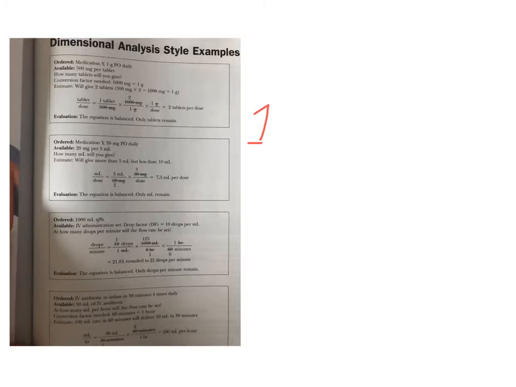So we take what we start with, and we multiply it by these known conversions. So 1 gram. Well, this medication comes 500 milligrams per tablet, so we know right off the bat that we're going to have to convert this to milligrams. So maybe right off the bat we can multiply that by the fact that there are 1,000 milligrams in every 1 gram.